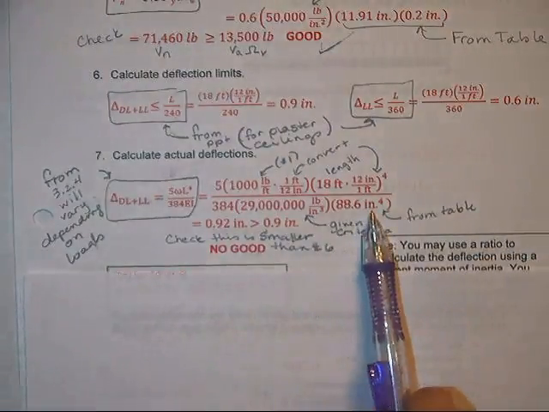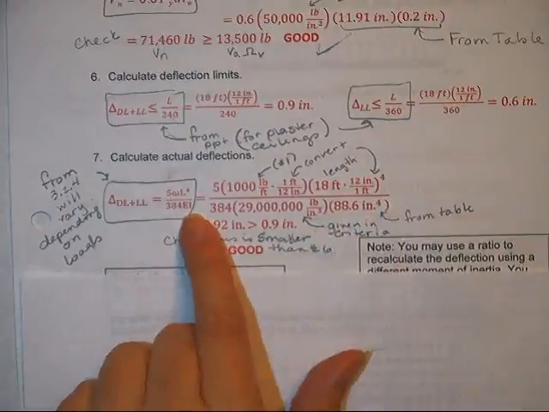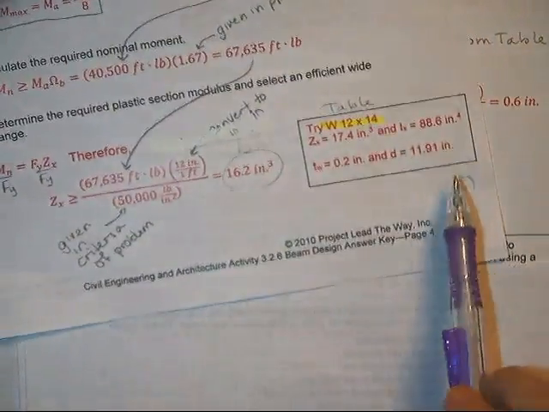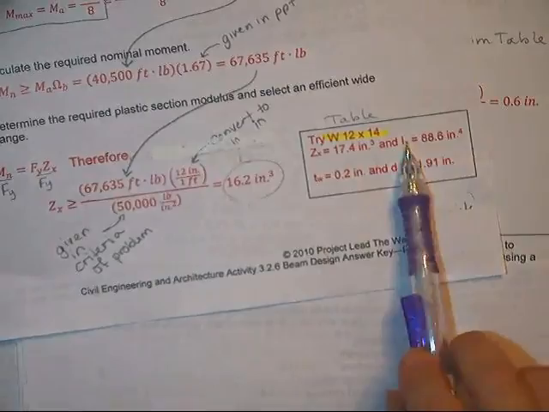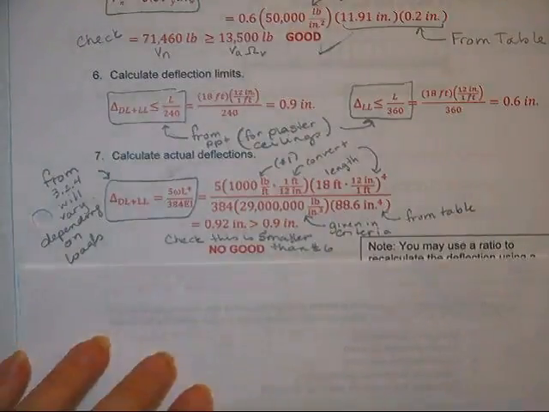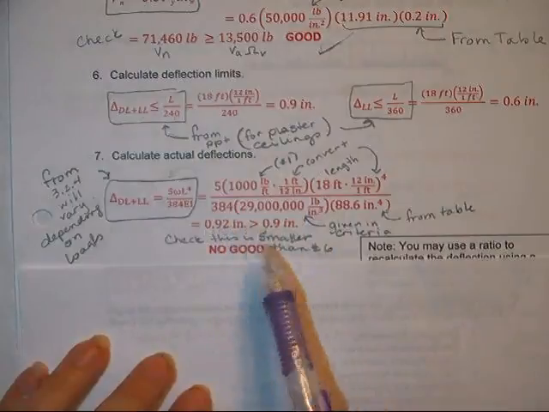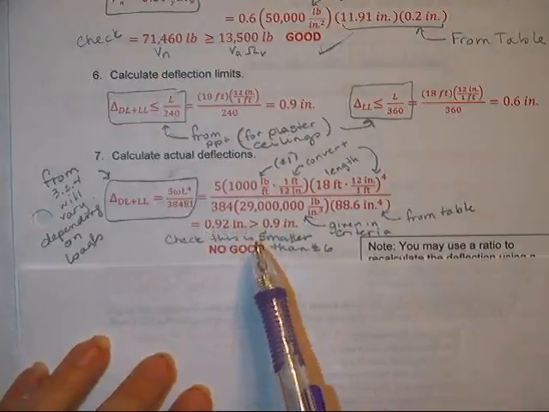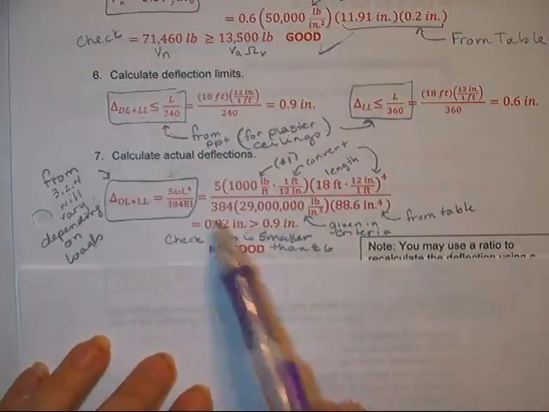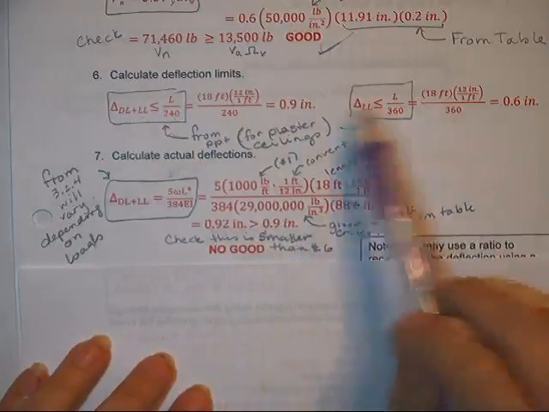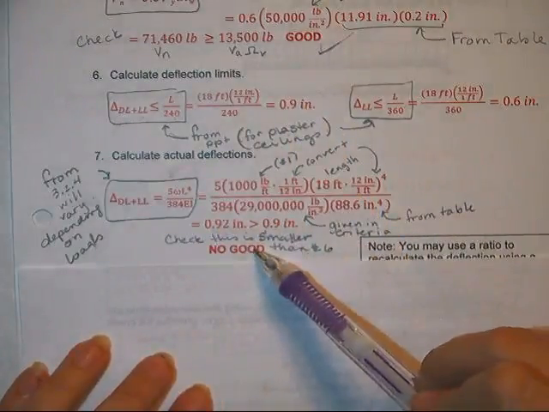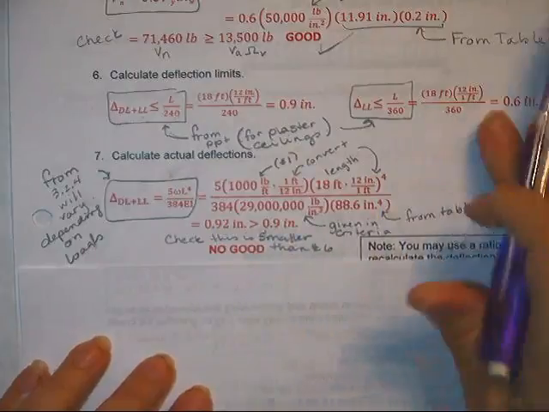And this was from our table. This is the I that we got when we did number 4 right here, Ix. Crunch that up in the calculator and we see that we get 0.92. Well, what we need to check here is that the actual deflection is smaller than the allowable. Well, it's not. So this beam is not going to work.